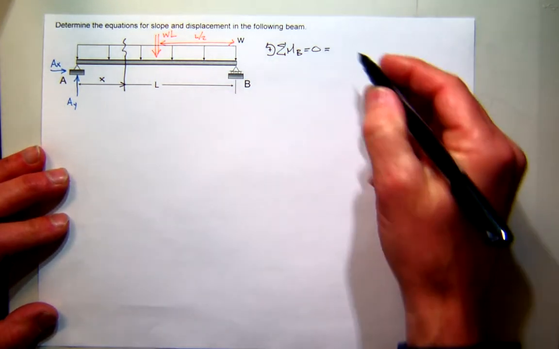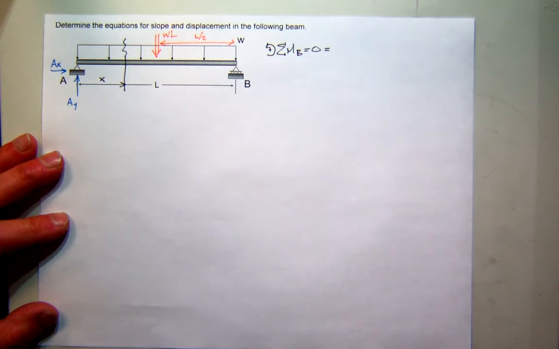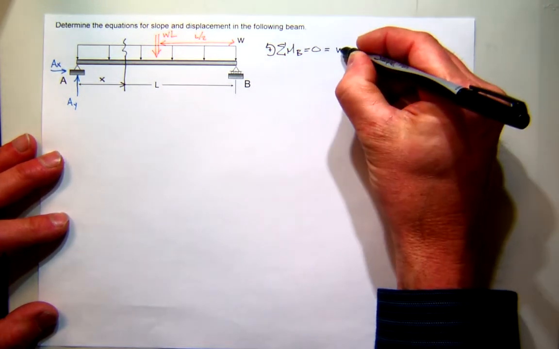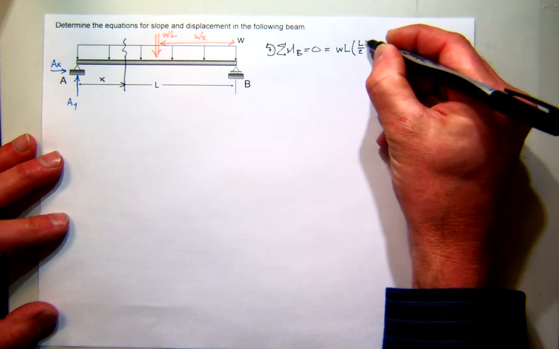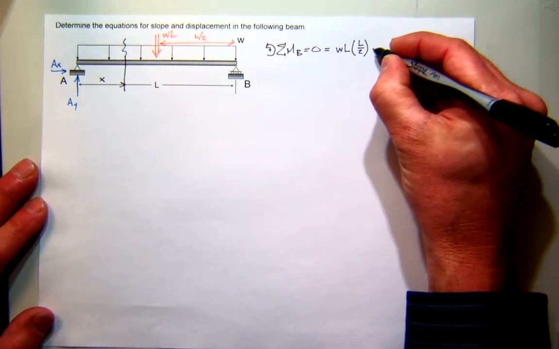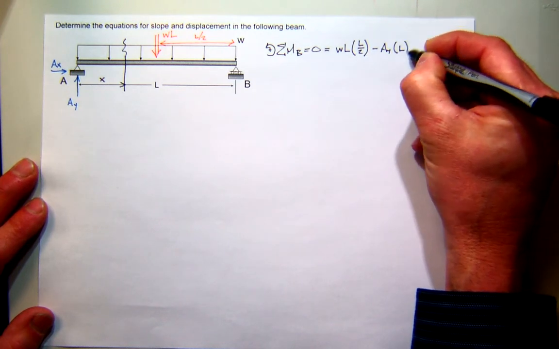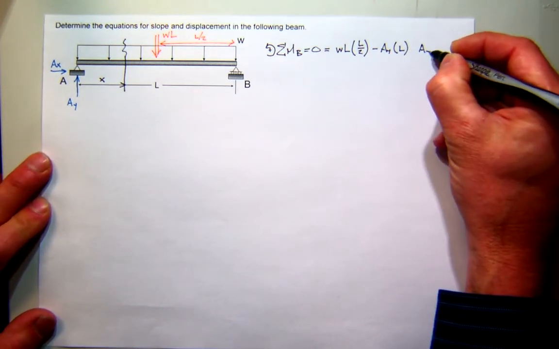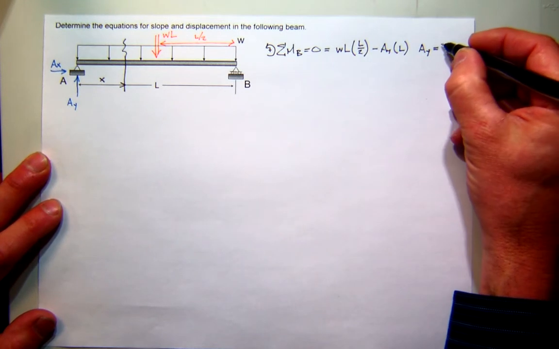So now when I sum moments about B, the concentrated equivalent force WL creates positive moment with a moment arm of L over 2. And then I have the reaction at AY, which creates negative moment with the moment arm of L. So this shouldn't be surprising, but AY is equal to what?